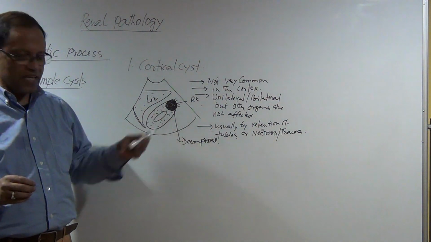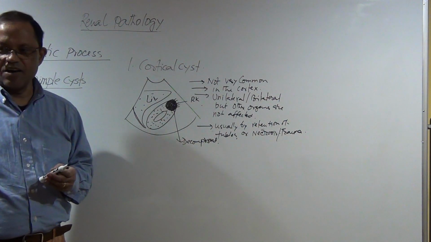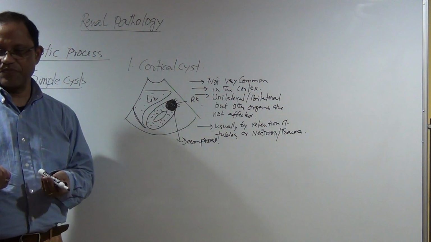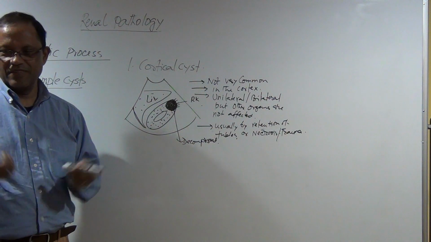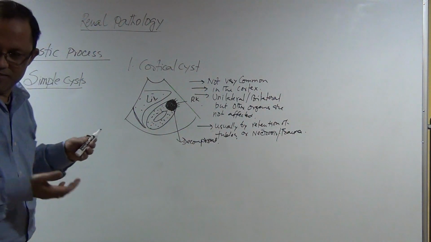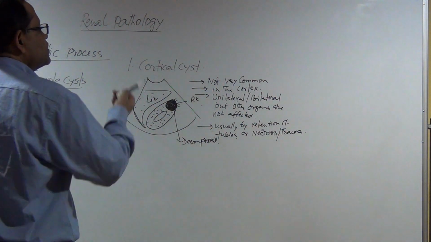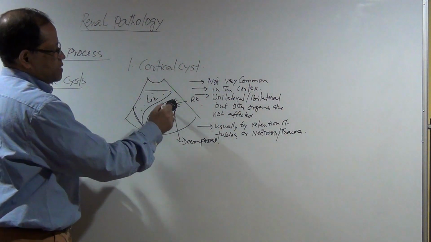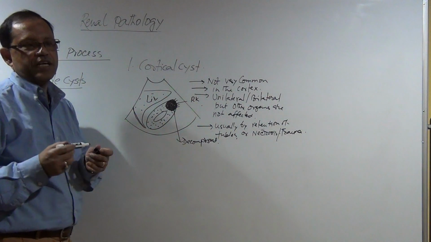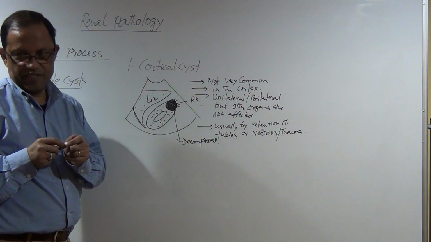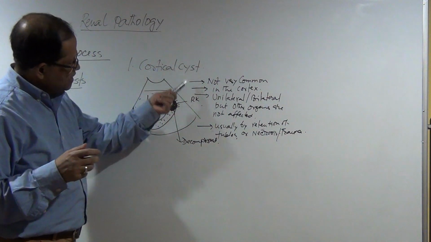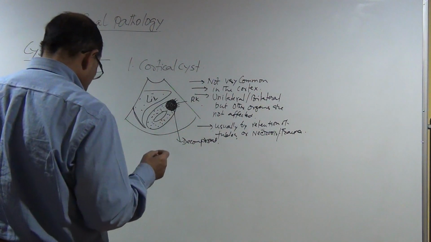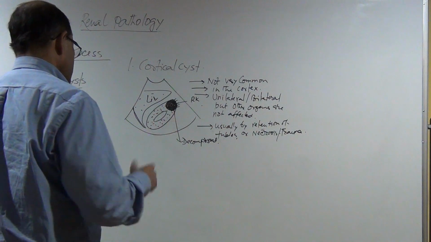So then it has to be dissected out. Okay? But it's not going to kill the kidney. That is the good news. Okay? So this is simple, and it bears all 4 criteria of a simple cyst. And usually this cortical cyst is a simple cyst. It could be small, it could be a little bigger.